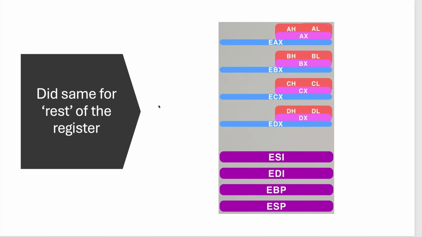They did this same thing for the rest of the registers. So we go from SI to ESI, DI to EDI, BP to EBP, and the stack pointer to extended stack pointer, or ESP.